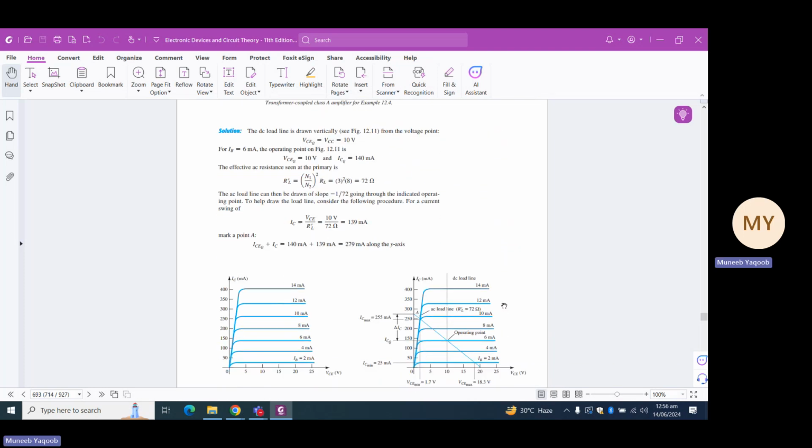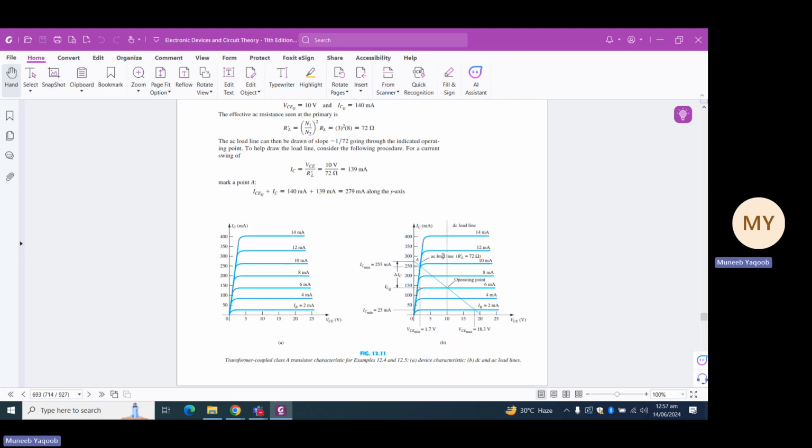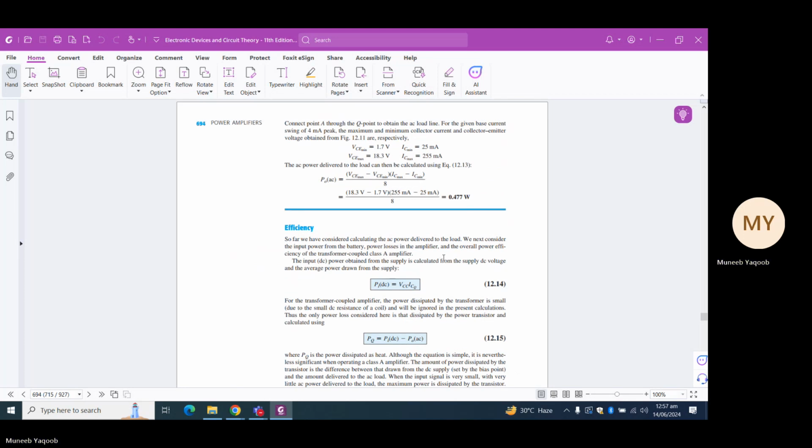If you can see here in this graph, we marked a point A, which is basically 140 plus 139 milliampere. You can see that this is the point A where my cursor is pointing. So we marked point A, which is basically IC maximum. Similarly, for IC minimum, we performed the calculations and got IC minimum as 25 milliampere.